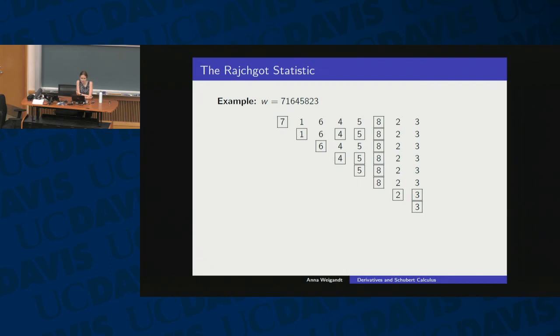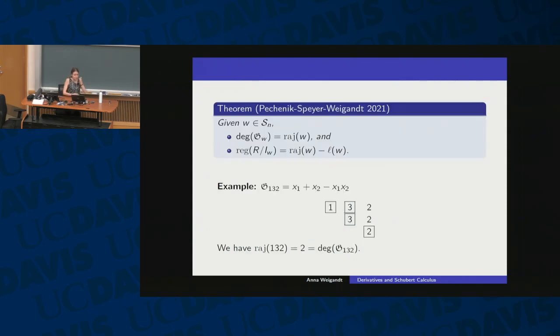And then the Rothe statistic is we just count how many things in this array didn't get boxed. So if you count, hopefully it's 19. This statistic is the number of unboxed entries. Okay. So the theorem is that if we have W in S_n, the degree of the Grothendieck polynomial is this statistic.